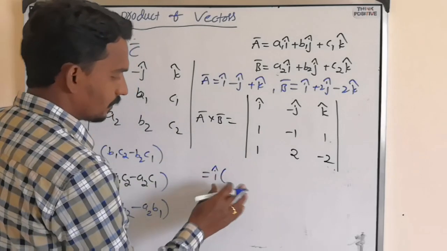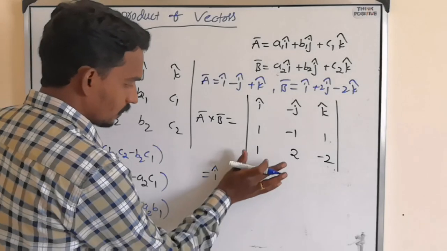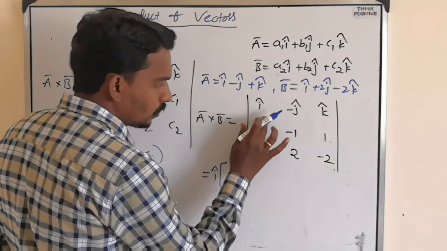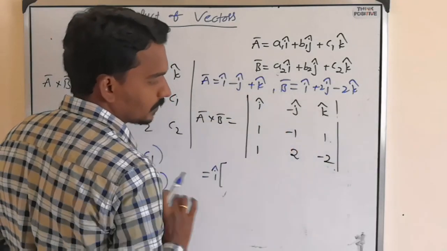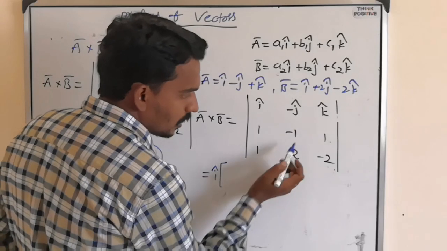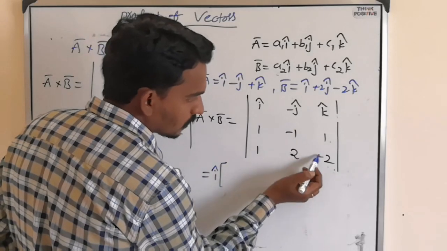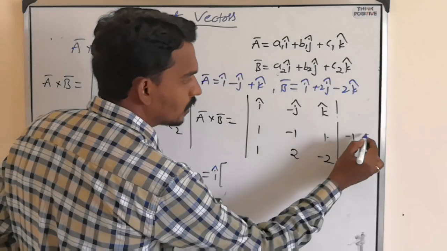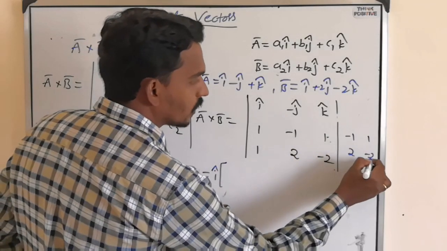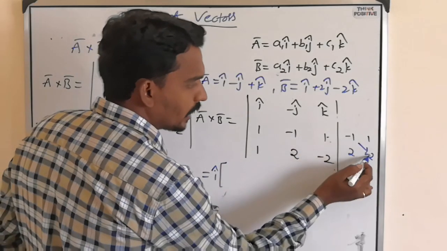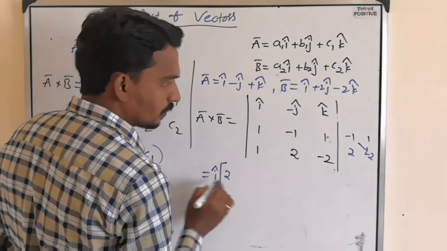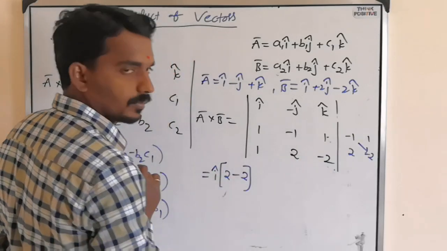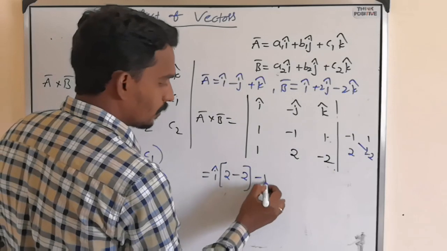I term first. For i, you will remove this row and column, then what remains is this. First you cross multiply like this, or if you are confused, write separately: minus 1, 1, 2, minus 2. Then minus 1 into minus 2, 2 minus 2 into 1, 2. Then take the second term, minus j.